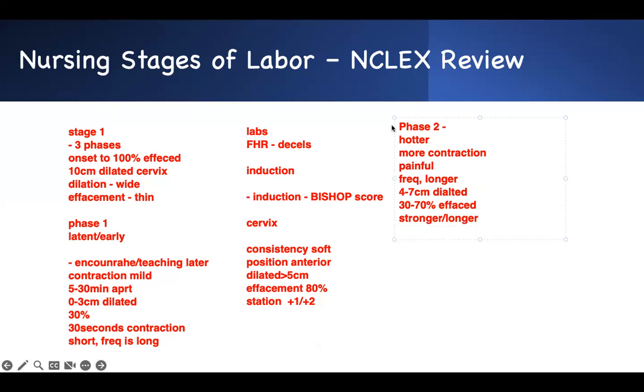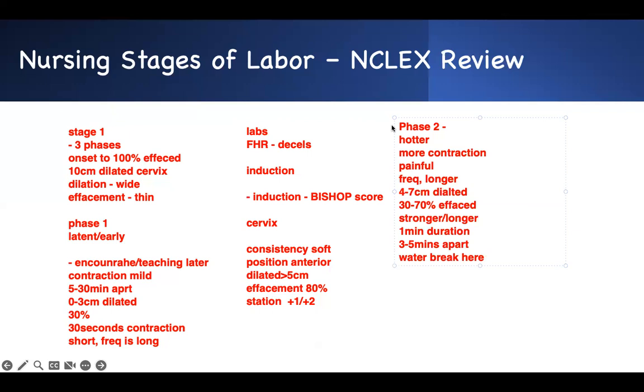About 1 minute in duration, and they are 3 to 5 minutes apart. These are things you have to know, because when they ask you a question, this is what they put there. The water may break here, so you've got to pay attention.